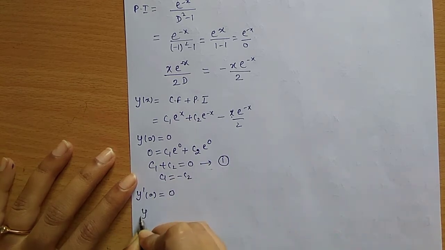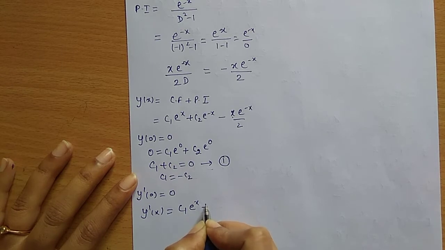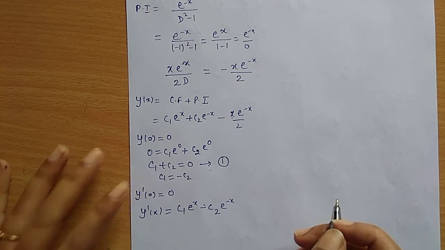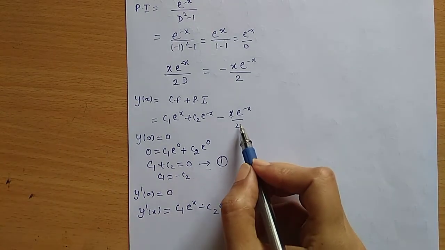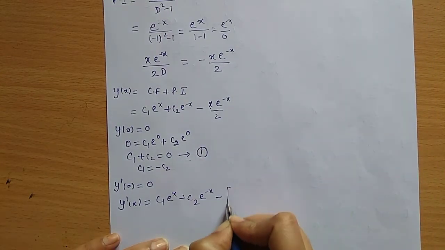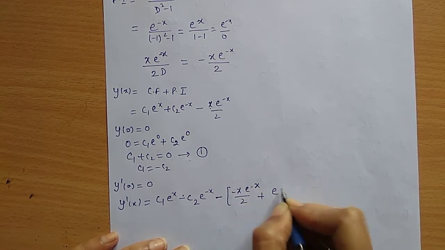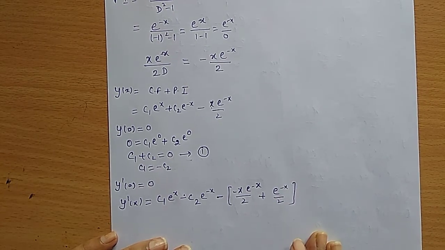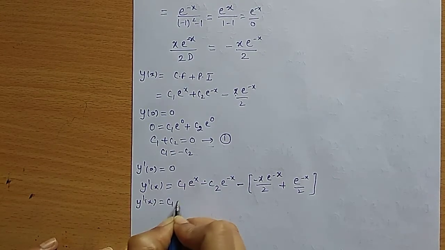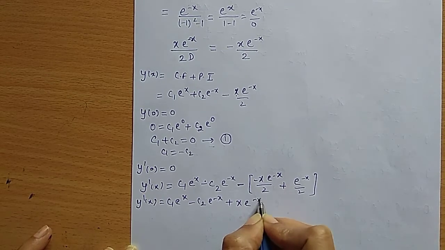So y'(x) equals C1 e to the power x minus C2 e to the power minus x, and in this term we are going to apply the product rule, and after applying the product rule, what we will get is minus x upon minus 2 e to the power minus x, plus e to the power minus x upon minus 2. And this will give you y'(x) equals C1 e to the power x minus C2 e to the power minus x plus this term.